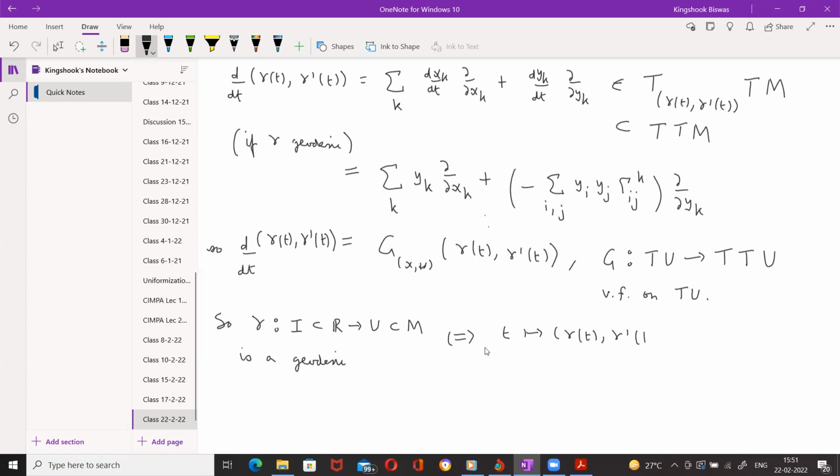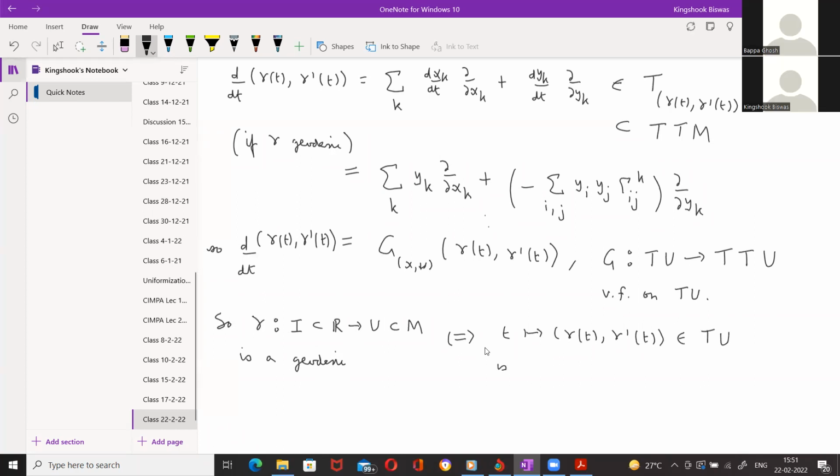So this is a curve in the tangent bundle. This is an integral curve of the vector field G_{X,U} on TU.